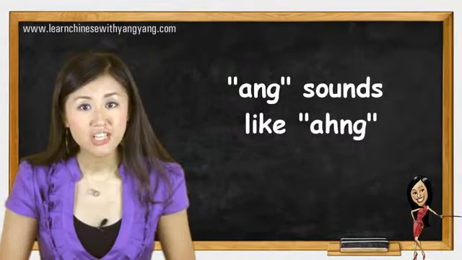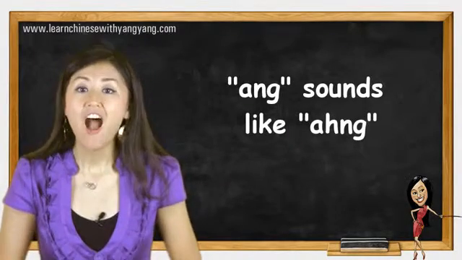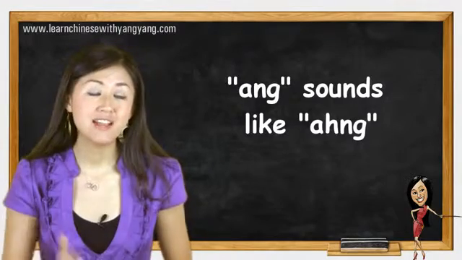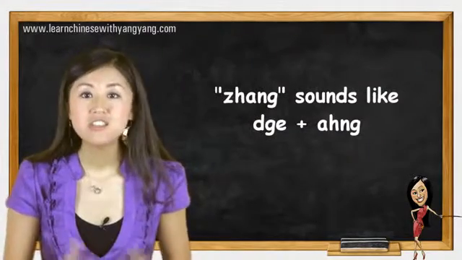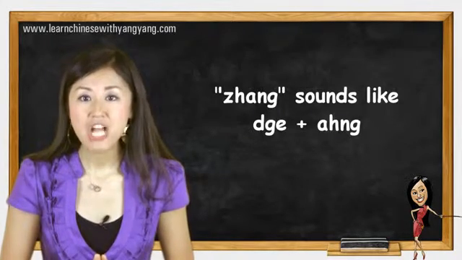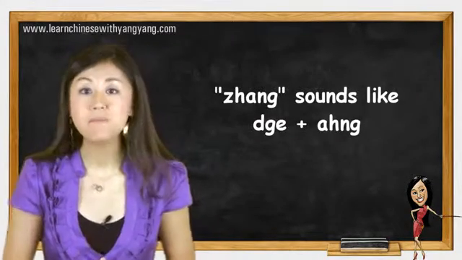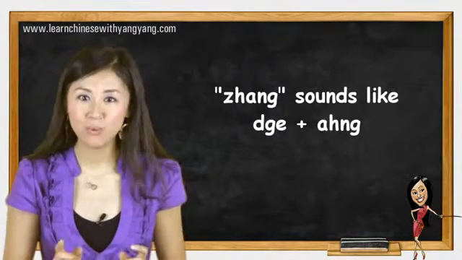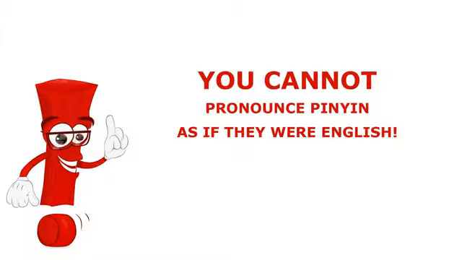And ANG, you have to open your mouth wide and say ang, zhang. Okay, ang. So it sounds like AHNG. So ZHANG together is pronounced as zhang. So you call someone Mr. Zhang, and you should not call someone Mr. Zhang. See? That's what I mean by you cannot pronounce Pinyin as if they were English.